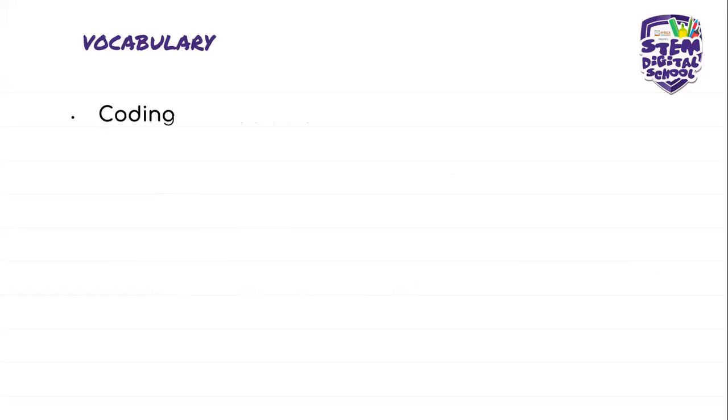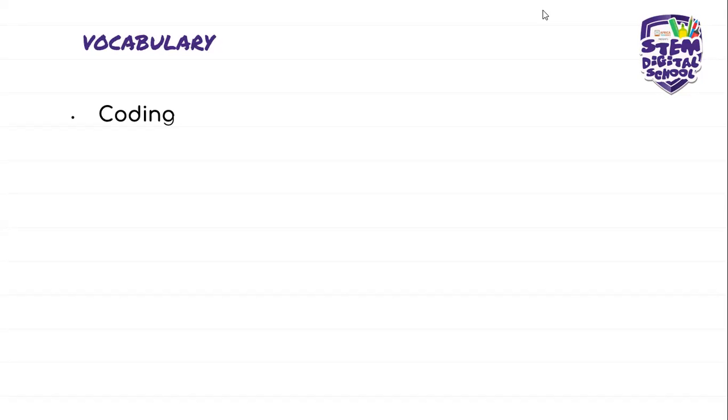Okay, let's quickly look. Who can tell me what is coding again? Somebody who wants to tell us what is coding? There we go, Zoe's hand is up. Zoe, I'm going to unmute you. Yes, Zoe, tell us what is coding? Coding is when you give a person or a computer certain instructions and they have to do it.